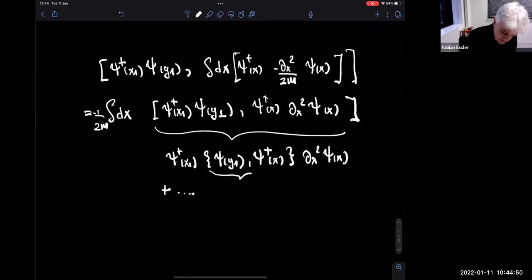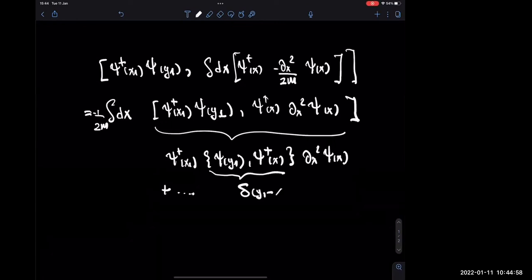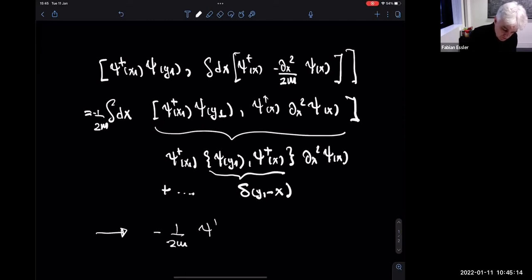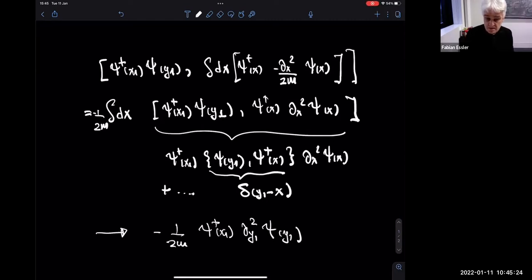But you see this is basically something like a delta function in second quantization. So this is delta y1 minus x. And then you can carry out the x integration. So this gives you a term which is 1 minus 1 over 2m, and then you would have one contribution, which would be psi dagger of x1 dy1 squared psi of y1. So that is the calculation.